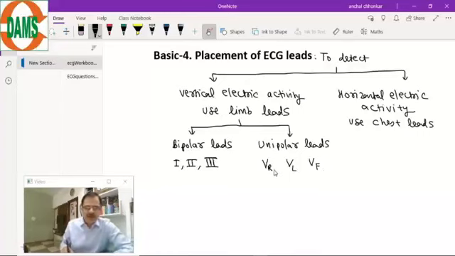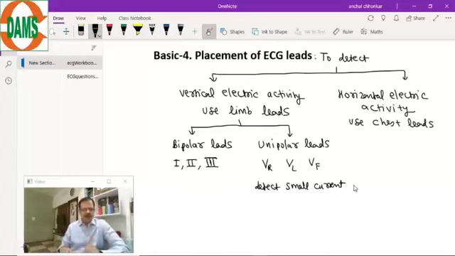Now, these leads detect very small current because of their placements. As a result, these leads need augmentation.